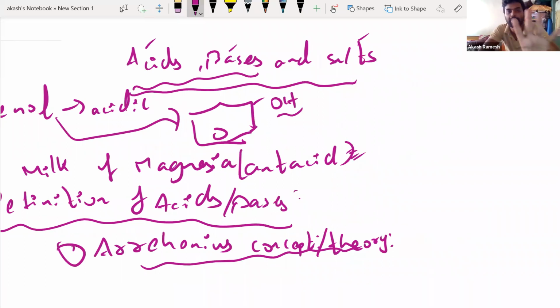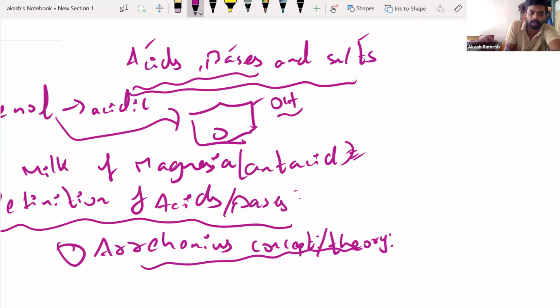You have some chemical species with you. When can I call that particular species an acid or a base? You take the chemical species, you dissolve it in water, and if after dissolving in water you see that H plus ions are produced, that is going to be termed as an acid.